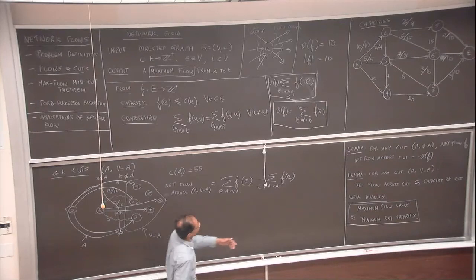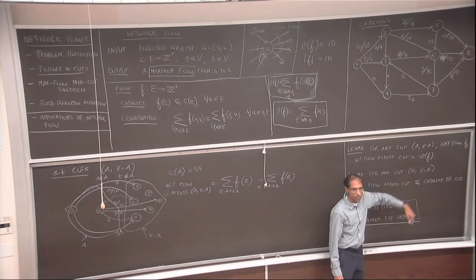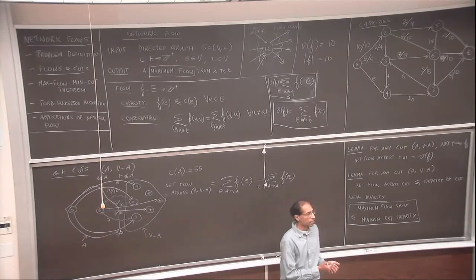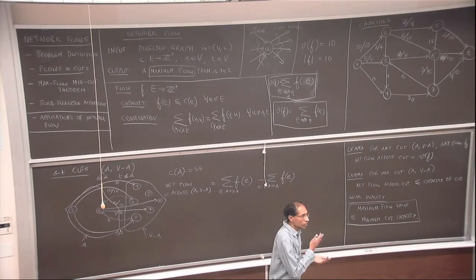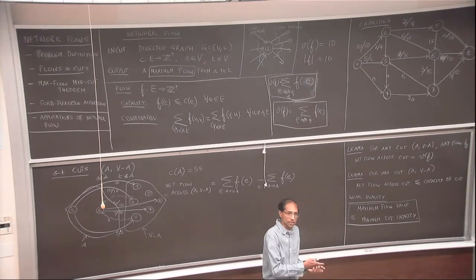Because for any single cut, the net flow across the cut is the same as the value of the flow. So you give me a flow, that's the amount of flow that is the net flow across every single cut. But the net flow across every single cut is less than or equal to the capacity of that cut. So look at the cut that has the least capacity.